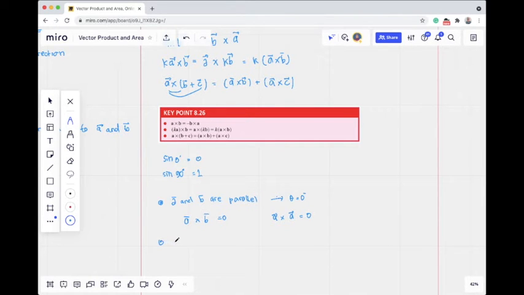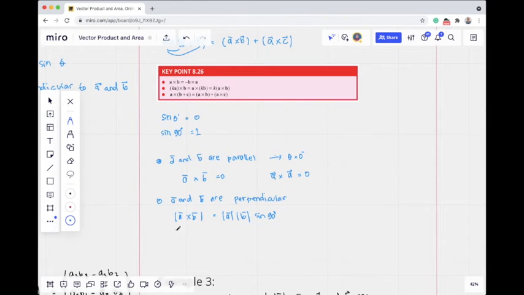And if vector A and vector B are perpendicular, then the magnitude of A cross B is the magnitude of A times the magnitude of B times sine 90. You know that sine 90 is 1.